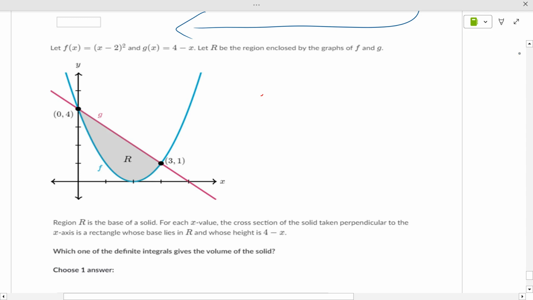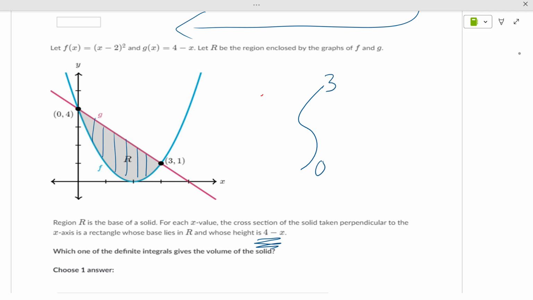All right, so we're taking a cross section, which is a rectangle, and the height is 4. So you take the top minus the bottom, perpendicular to the x-axis. So we're doing the integral from 0 to 3 of the top minus the bottom, which is 4 minus x minus x minus 2 squared.